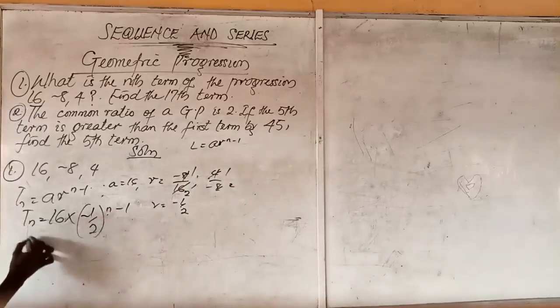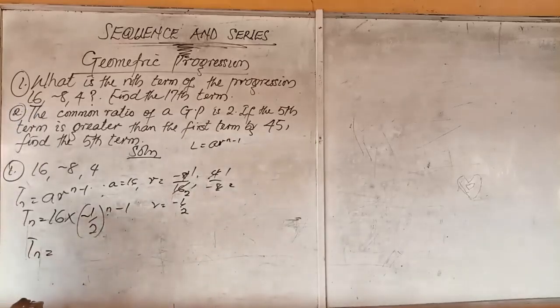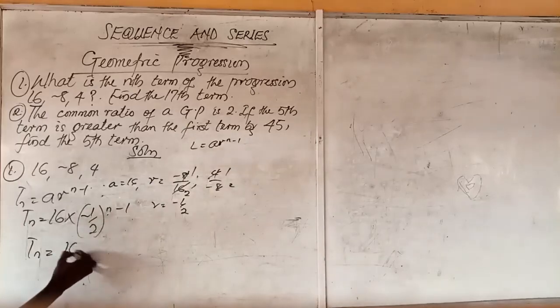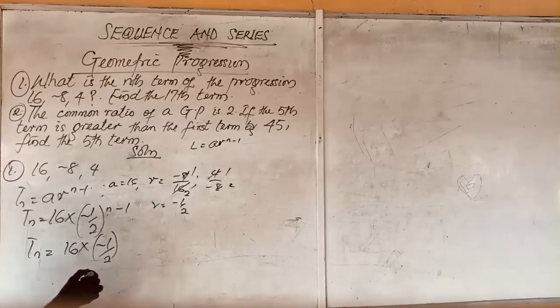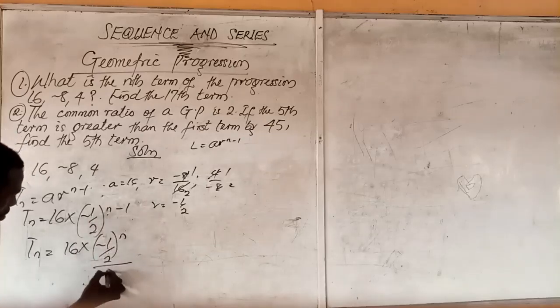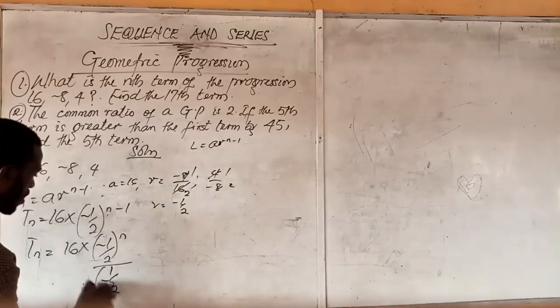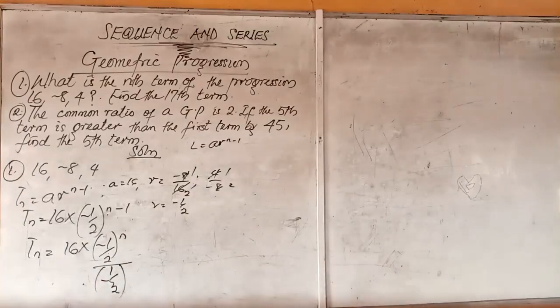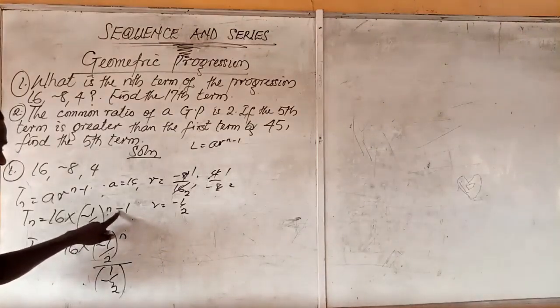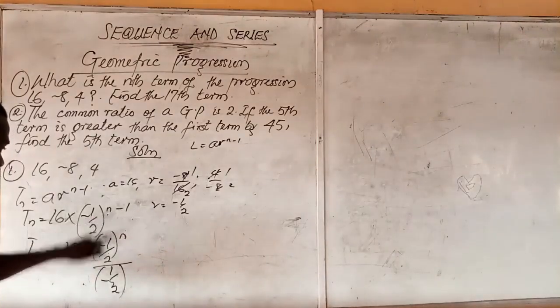And this becomes Tn is equal to 16 by minus half raised to power n, divided by minus half, because this is raised to power minus 1.